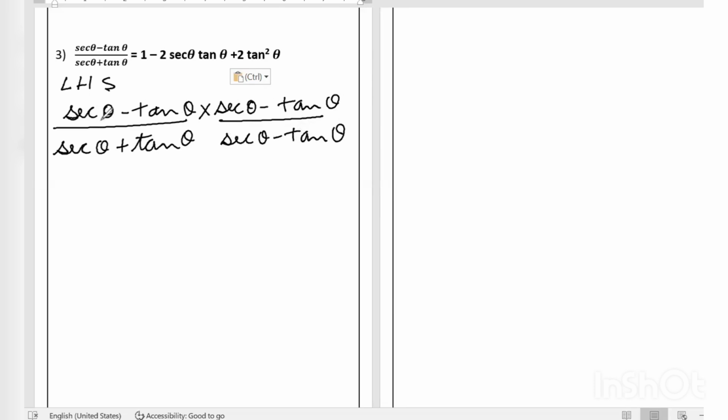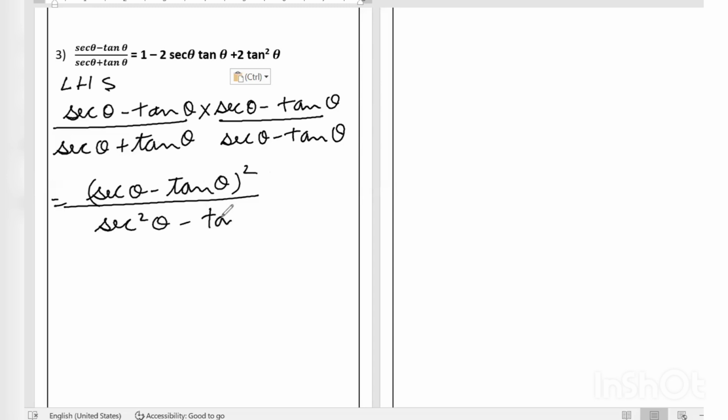Now in the numerator it is a minus b into a minus b, so we will have sec theta minus tan theta whole square upon, in the denominator a plus b and a minus b form is there, so we can write it as a square minus b square. So we'll write it as sec square theta minus tan square theta.